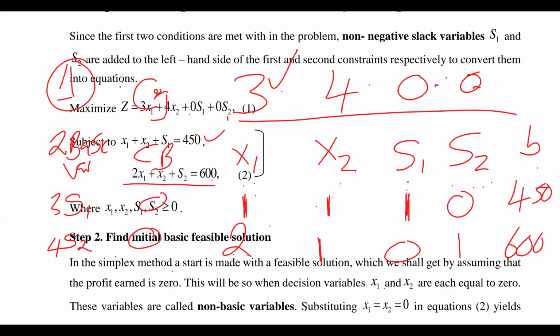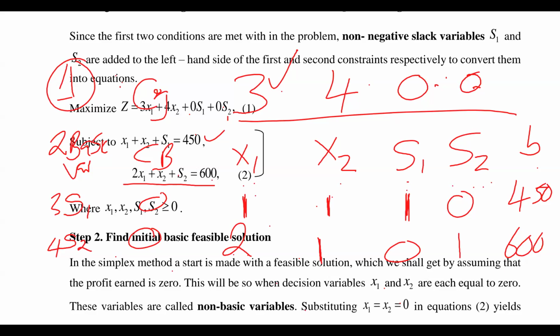Sorry? Why is x1 0, then x2 is 1? Yeah, like the coefficient for x1 on this line is 1. And then for x2, for x1 is 0.